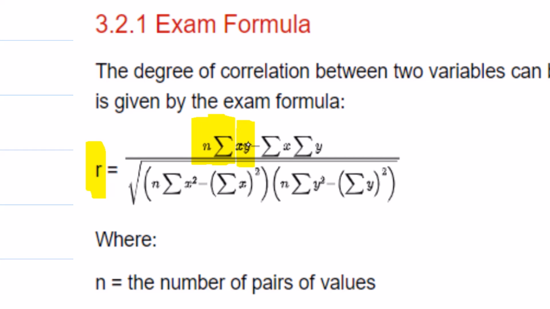So we need the sum of x times y minus the sum of x multiplied by the sum of y. In the denominator, we also need that n value, but we'll need to calculate the sum of different variables in some cases. Let's look at this with data. It will make more sense.